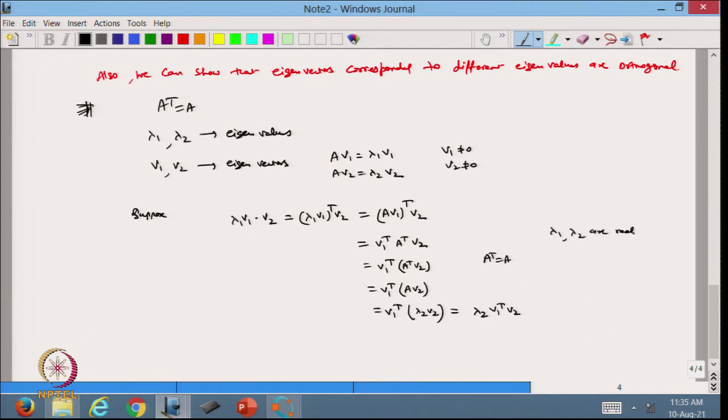So, no problem, and this is also lambda 1 V1 transpose V2.